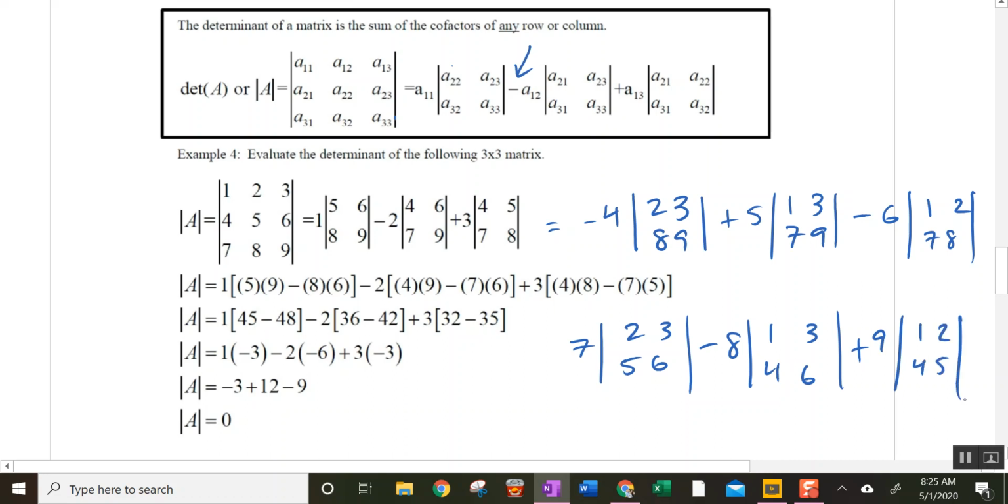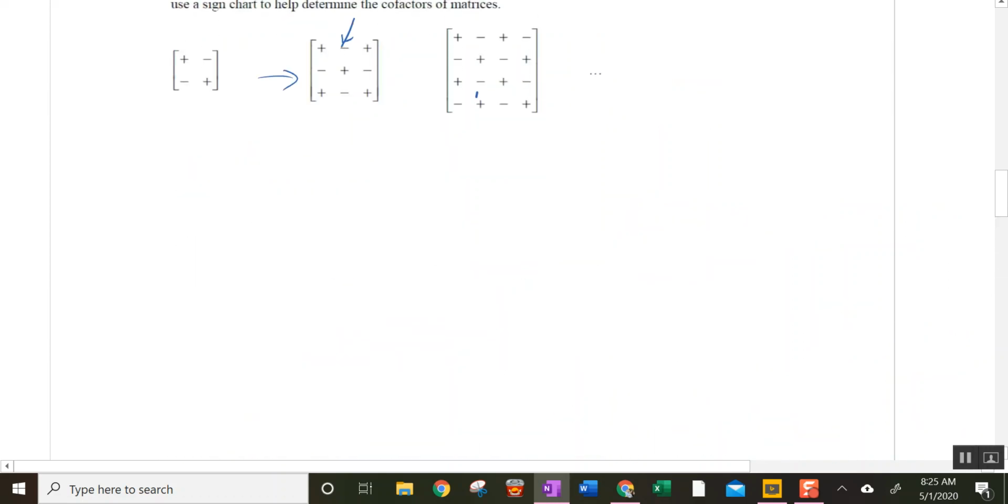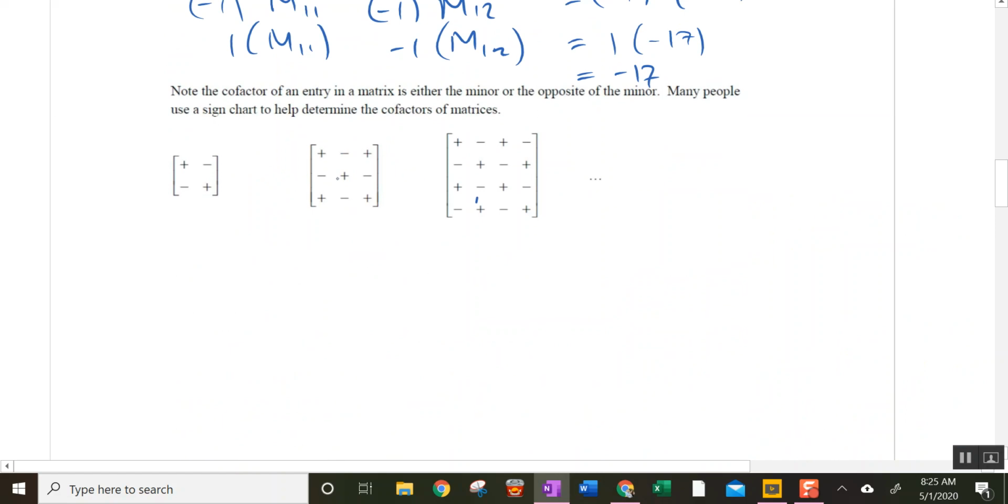Again, all three of these are going to be the same exact thing. It does not matter which one. You don't have to do all three. Just pick one that works easily. And again, if you look at this, this is positive, negative, positive. That's coming from this third row right there.